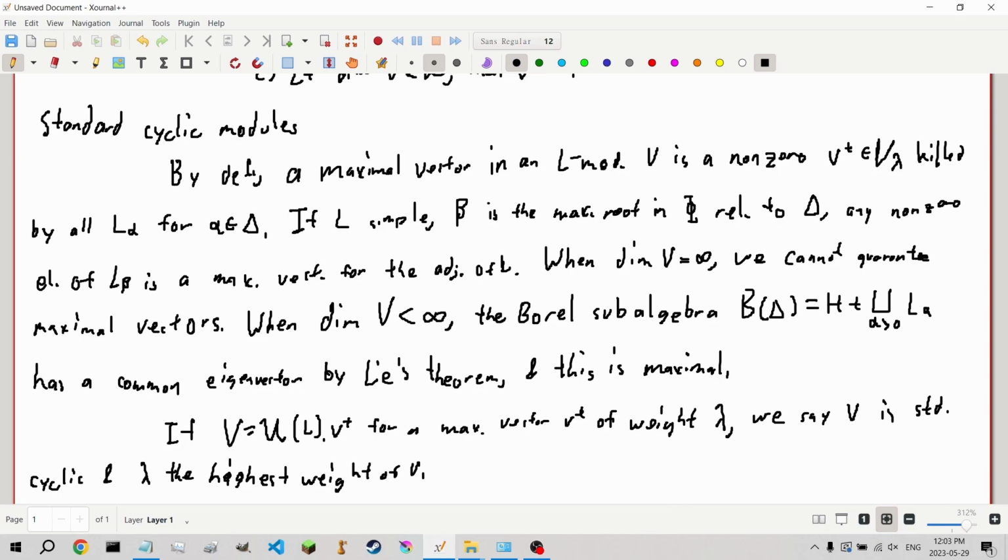And we can go ahead and describe the structure of such a module. So we're going to fix a non-zero x alpha in L alpha, and choose, of course, y alpha in L negative alpha such that the bracket of x alpha and y alpha is h alpha, as you would expect.